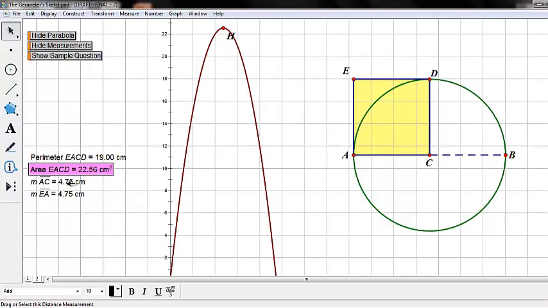It does happen to be a square with the sides of the rectangle at AC being 4.75 centimeters, and the same with the other side, and we can still see the perimeter is 19.